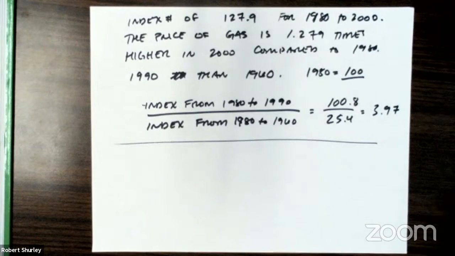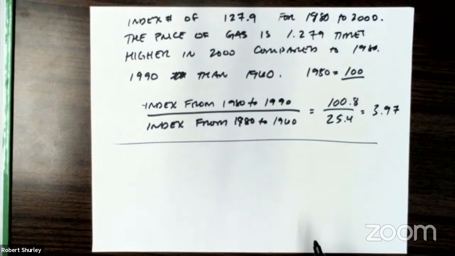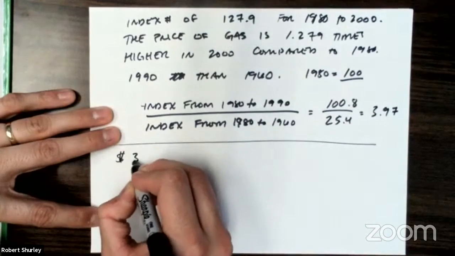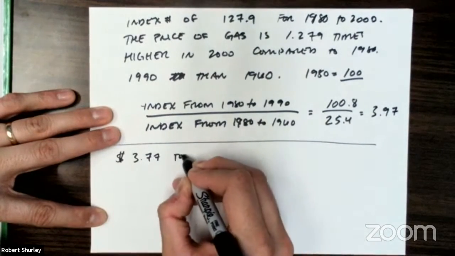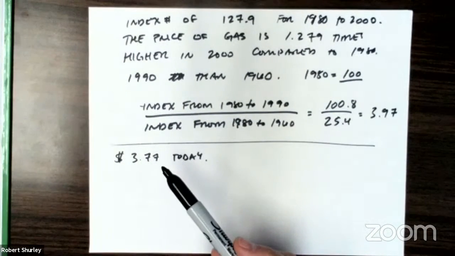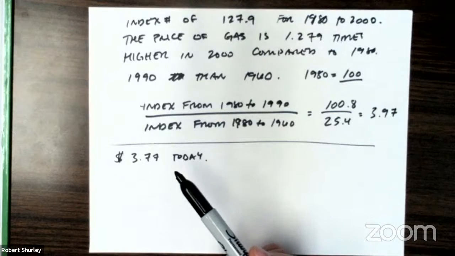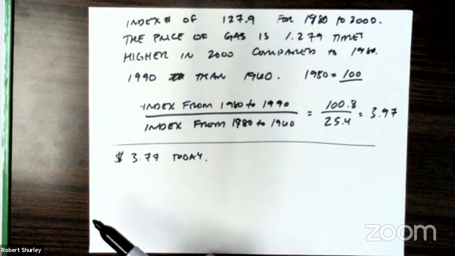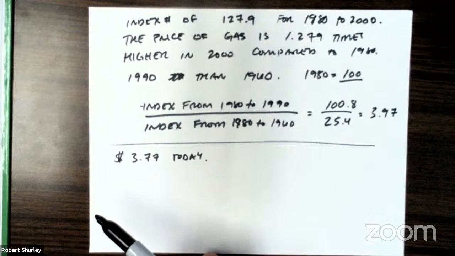We'll do today's price in a minute. But let's say it was $3.77 a gallon. Use the 2000 price as the reference value. Compare your answer to the answer for the same gasoline price in example 1.